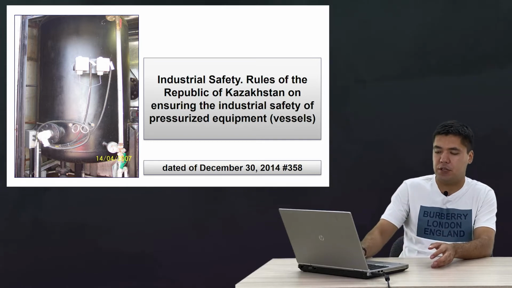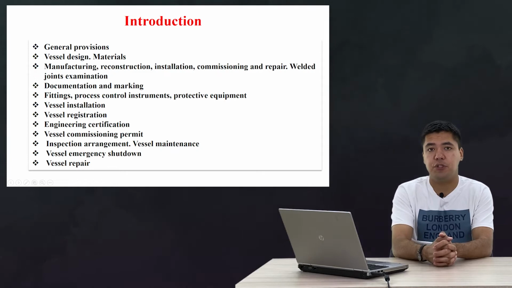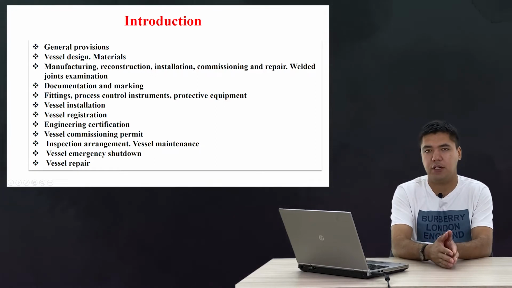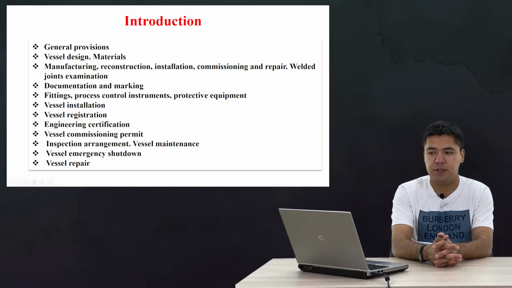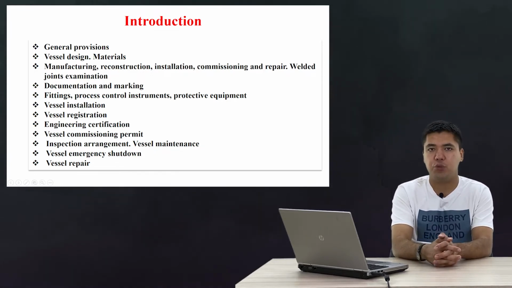And before we start, as usual, I need to talk about the introduction. So today we are going to cover the following items. First, general provisions, like what is a pressure vessel and what is not a pressure vessel. Next, vessel design, materials, then welding, construction, commissioning of the vessel, and repair of the vessel. What should we do if we need to shut down any vessel?